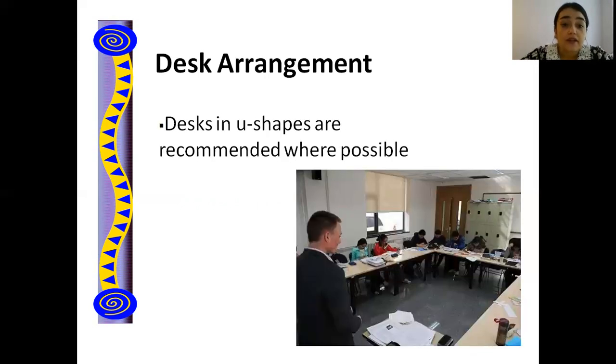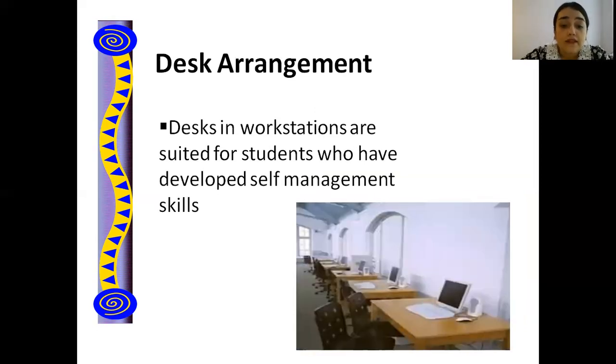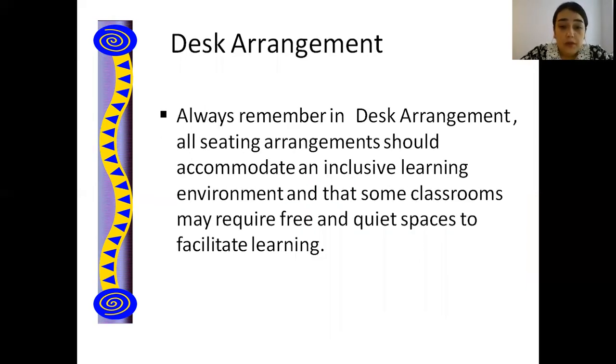The next one is desks in a U shape, and it's recommended where possible, as it also shares group work. Well, the next is desks in workstations, and it's suited for students who have developed self-management skills. Always remember, in desk arrangement, all sitting arrangements should accommodate an inclusive learning environment, as some students may require a free and quiet space to facilitate learning.